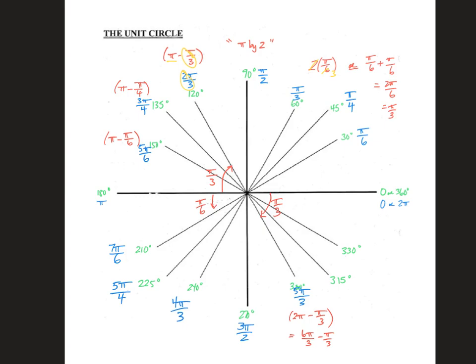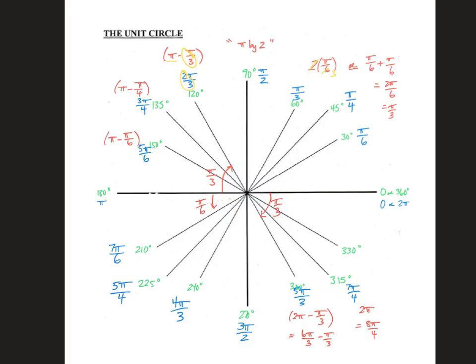Using that same reasoning, to get to 315, well, 315 would have a related acute angle of pi by 4. So I want to think of my full rotation then, my 2 pi, in quarters. That would be an 8 pi by 4. So if I was to take 8 pi by 4 and subtract off a 1 pi by 4, then I get to 7 pi by 4.